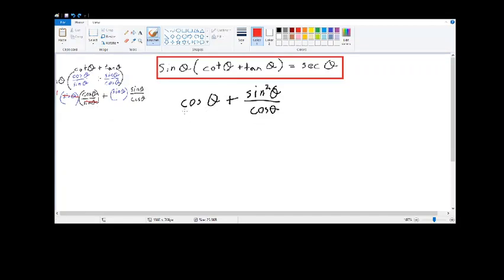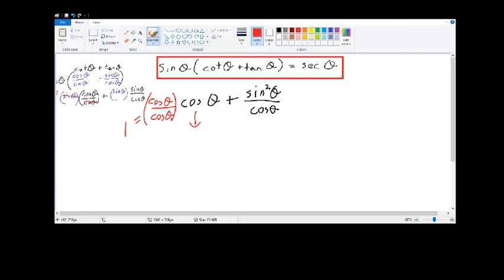In order to do that, we're going to have to manipulate this cosine theta to get a denominator of cosine theta. Whenever we want to do that, we want to multiply this by something with cosine theta in the denominator, but so that it doesn't change our equation at all, we set this as cosine theta over cosine theta, because that is ultimately equal to 1, and when you multiply 1 by anything, it stays the same technically.